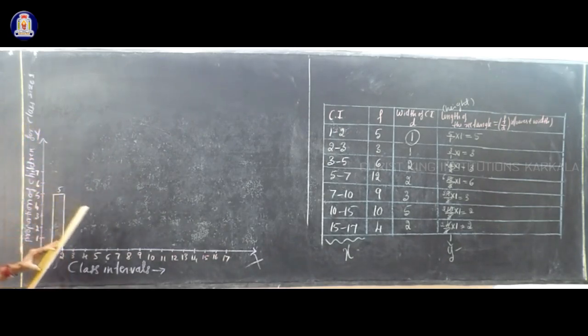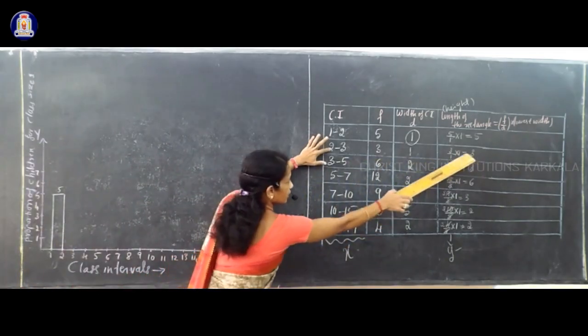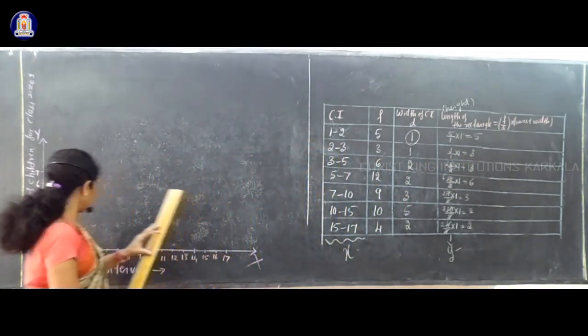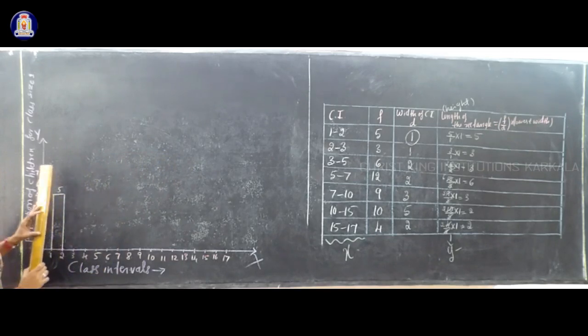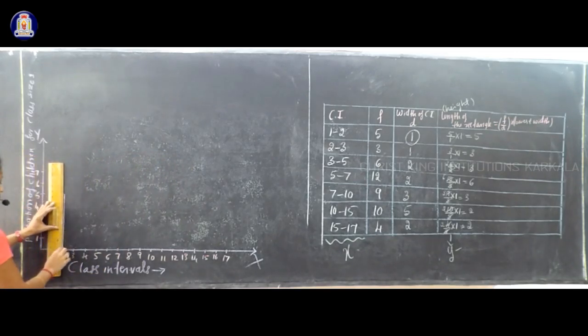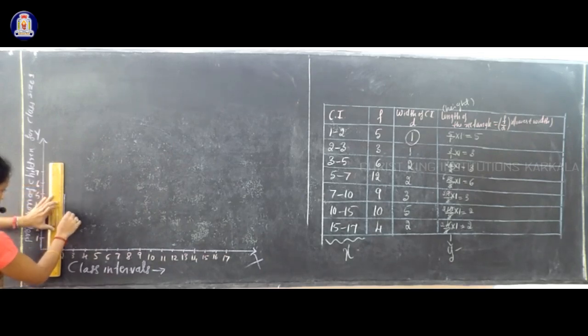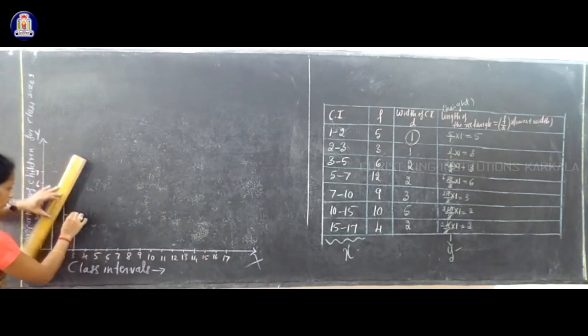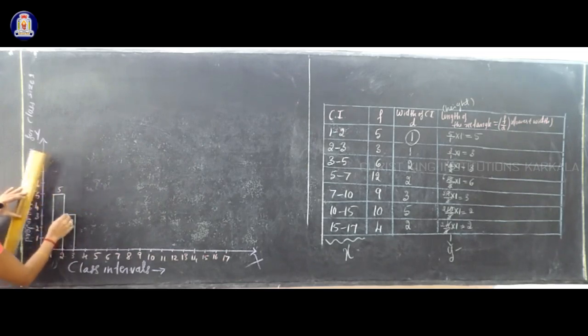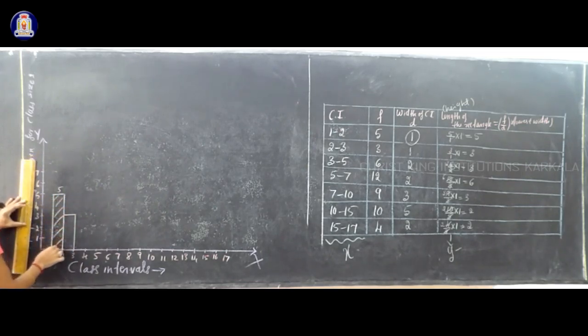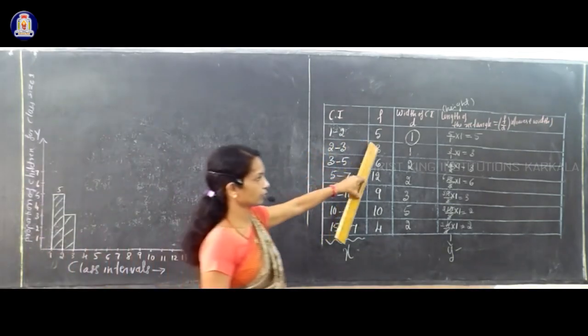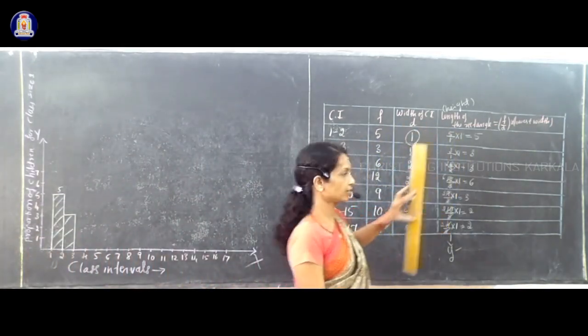Next rectangular bar of height 3, that is from 2 to 3, that is same as the previous, that is 3. Previous frequency and actual frequency are the same here. Okay, previous frequency and actual frequency, that are one and the same.